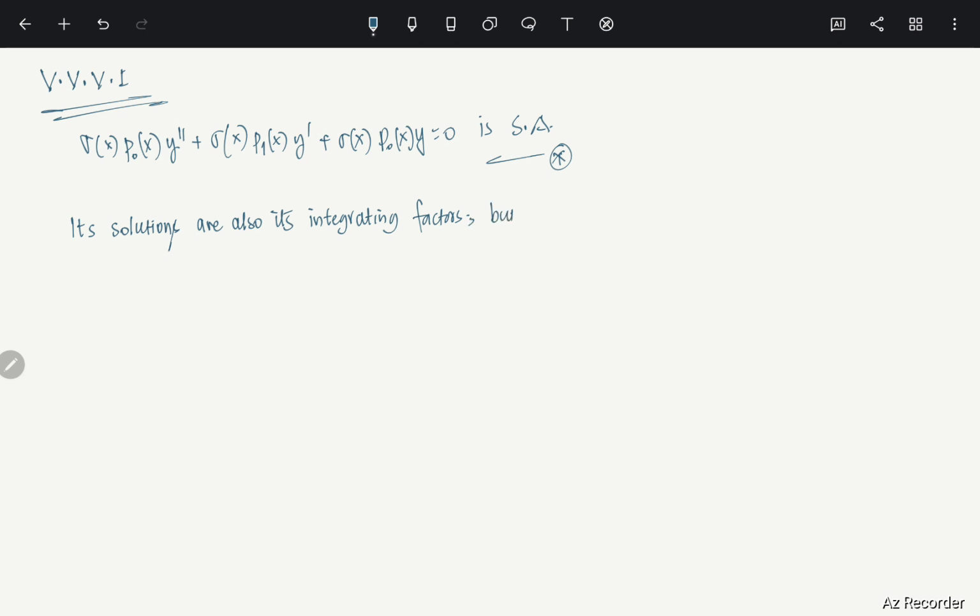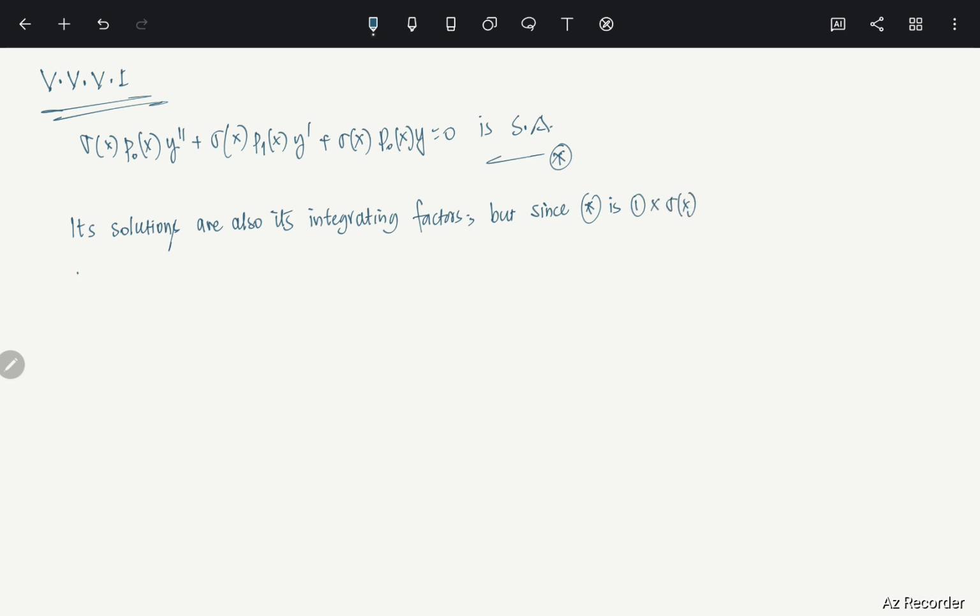But since star is essentially 1 multiplied by sigma x, what does that imply?